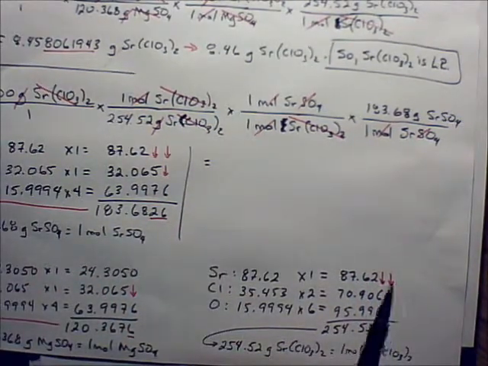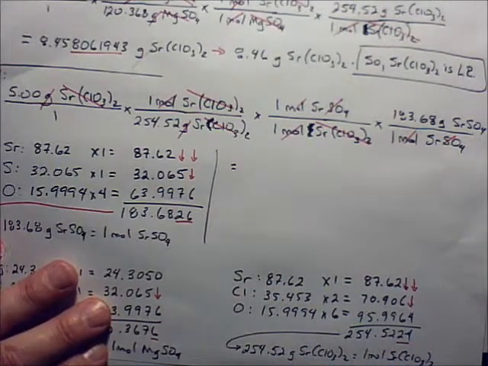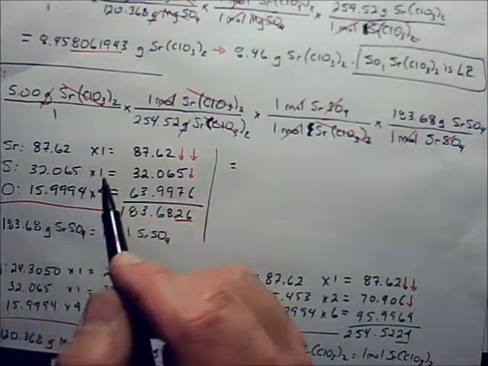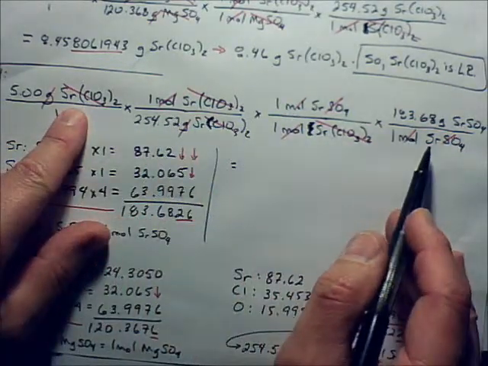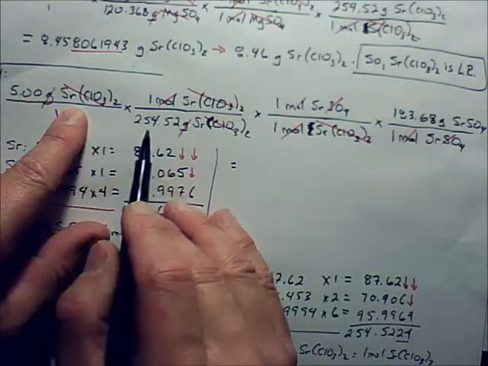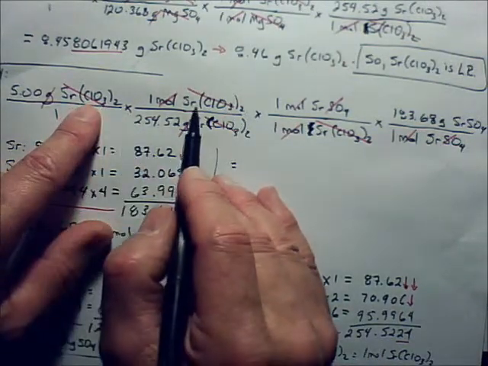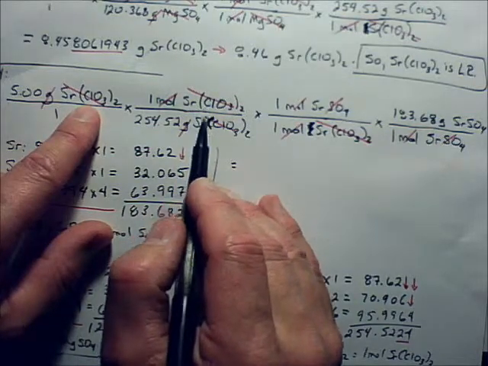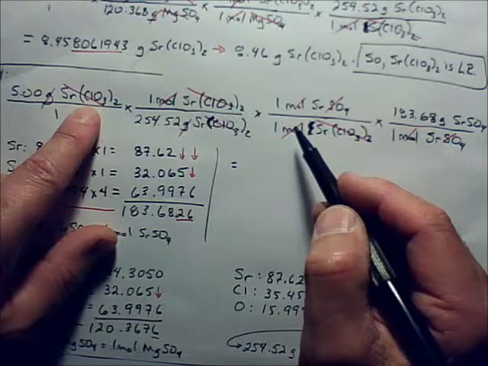Now, before I go further here, let's just point out one little thing that I think is kind of neat. Notice that every time you do one of these conversion steps, you have either the same species in the top and bottom, or the same units in the top and bottom, but never both. That makes sense?